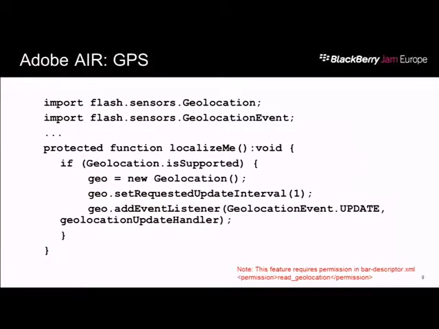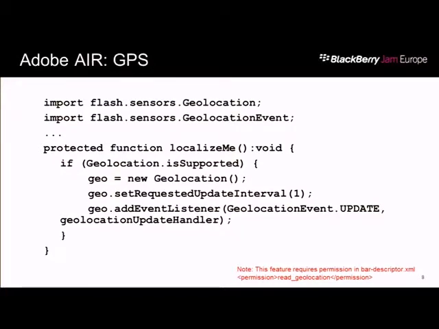Another feature of Adobe AIR is the access to the GPS. We have a special API in BlackBerry 10 to access geolocation. But in Adobe AIR, the core Adobe AIR has the ability to access the geolocation object, that is the GPS.